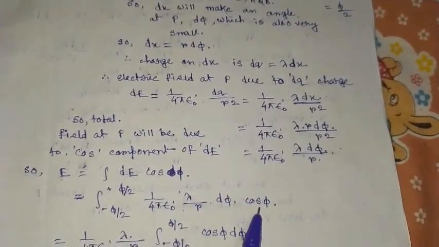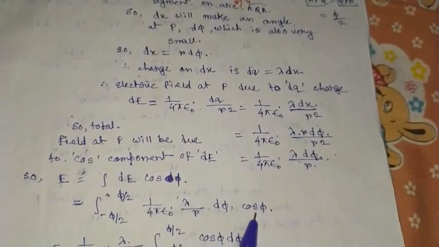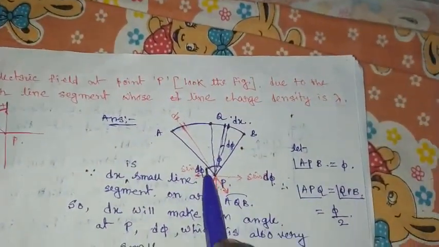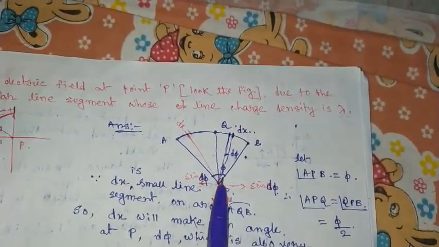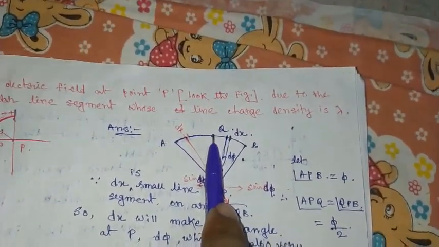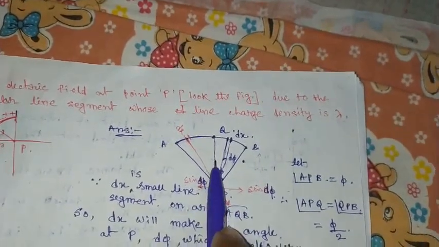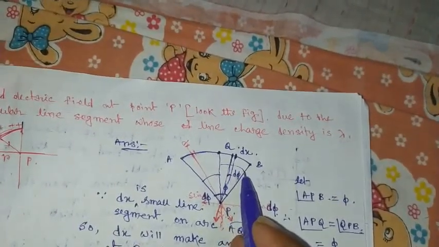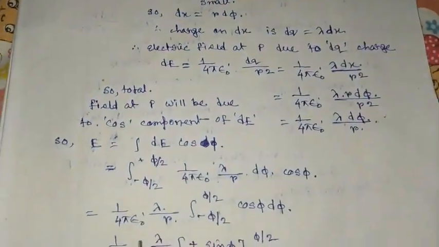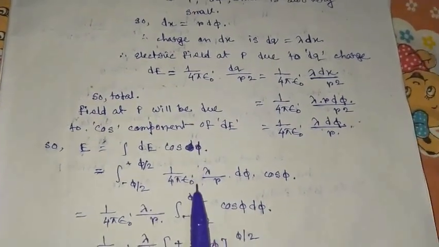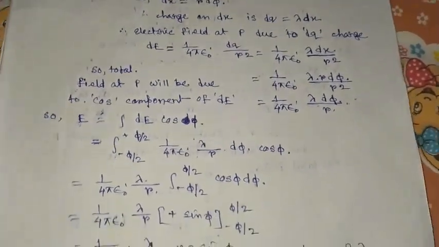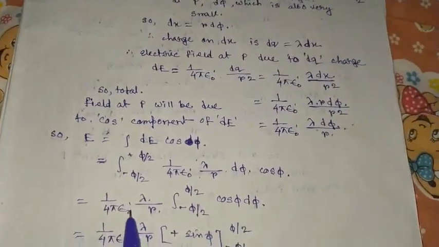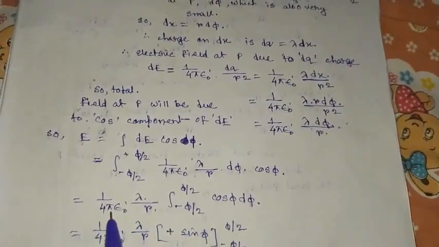The integration limit will be from minus phi by 2 to plus phi by 2, because Q is exactly the middle point of phi. So this angle will be minus phi by 2 and this angle will be plus phi by 2. So E equals 1 by 4 pi epsilon naught lambda by r, integral of cos phi d phi, and the constant we take outside of the integral.